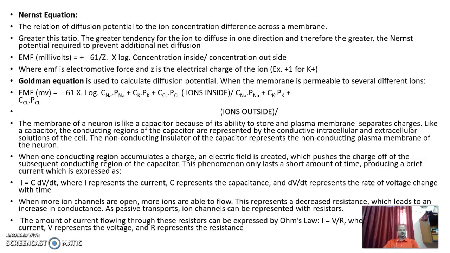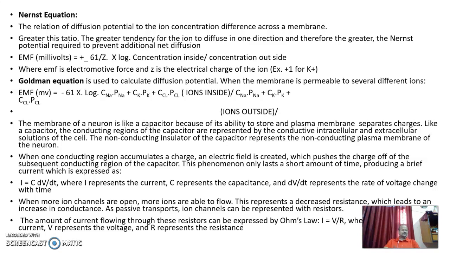So for several ions, we use the Goldman equation to calculate the electromotive force of a particular plasma membrane of a neuron, which is equal to minus 61 into log of the permeability and concentration of these ions outside and inside.